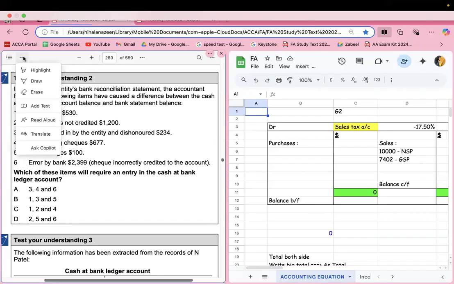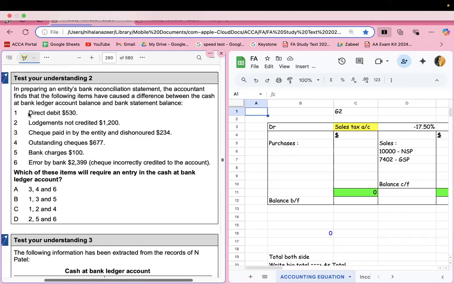We have already discussed that anything that goes directly from the bank would need the bank statement to be adjusted, right? So in that sense, all the options which do not have one would get cancelled. Clear?